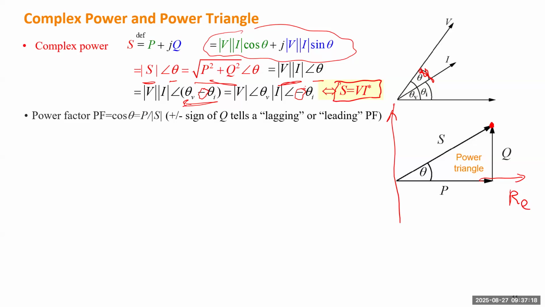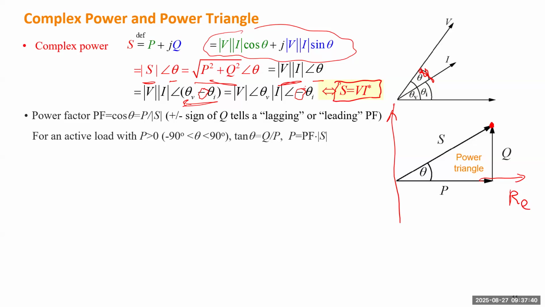We know the power factor is defined as cosine theta. The sign of Q will tell the lagging or leading power factor, right? And when we say something is an active load, it means P has to be positive. Otherwise, it's not an active load. Active means it will have some real energy consumption.